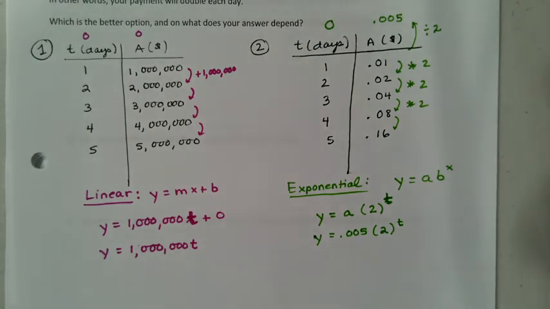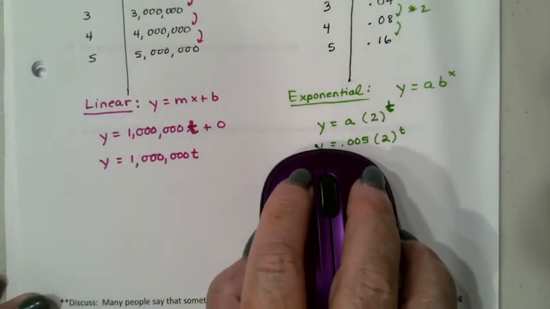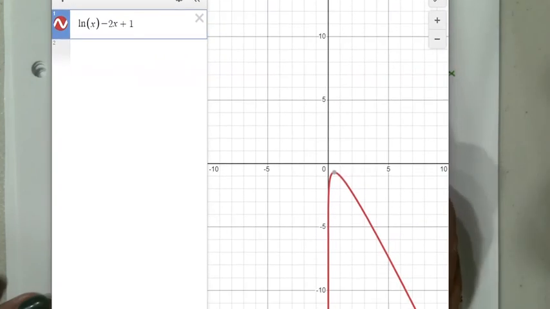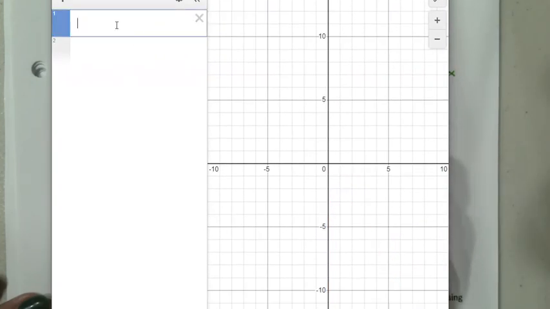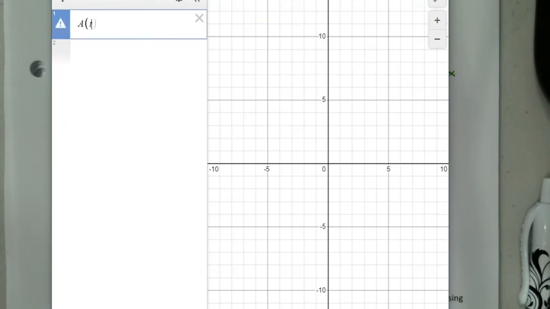All right. In order to explore what happens to this as time goes on, we're going to go ahead and graph both of those. So first of all, the one that starts us out with $1 million a day and adds $1 million every day was 1 million t.